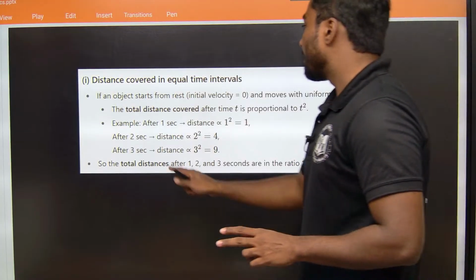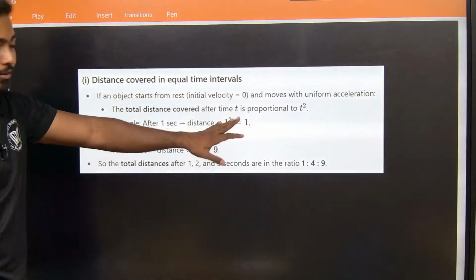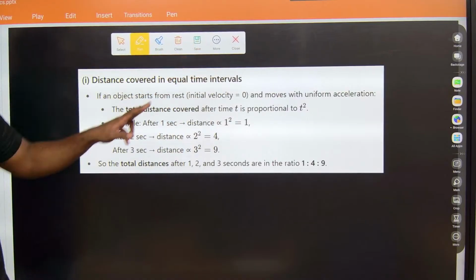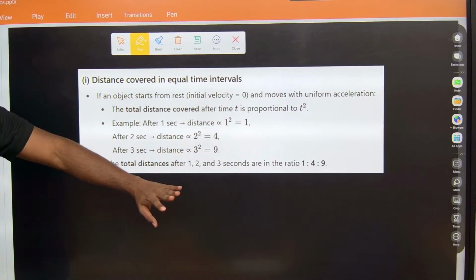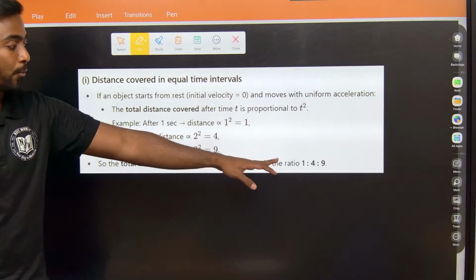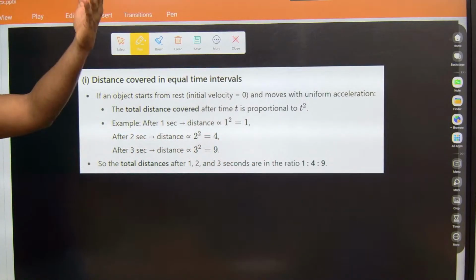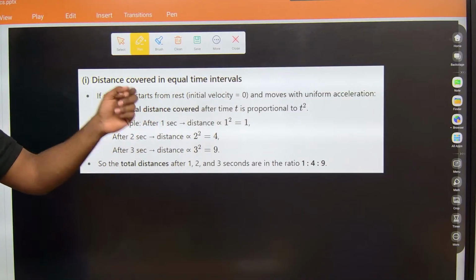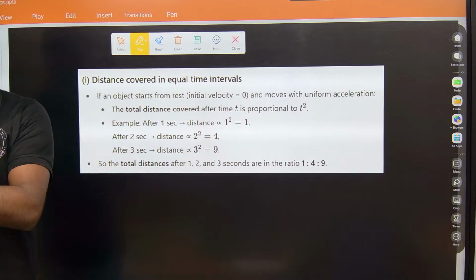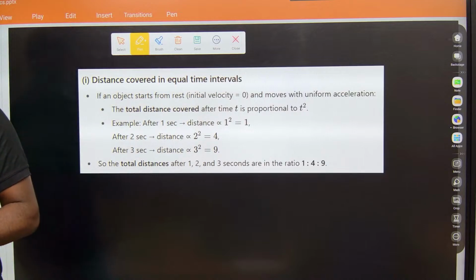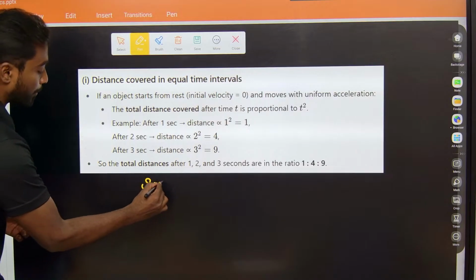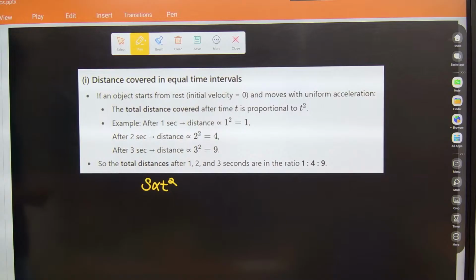So, for example, after 1 second distance is 1 square, after 2 seconds distance is 2 square, after 3 seconds 3 square. Okay. So, total distance after 1, 2, 3 seconds are in ratio of 1:4:9, again 16, right? Square of the numbers we will get 1, 4, 9, 16, 25, 36, like that. Yeah. So, distance S is directly proportional to t square.